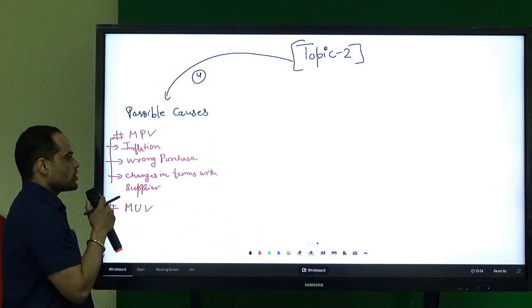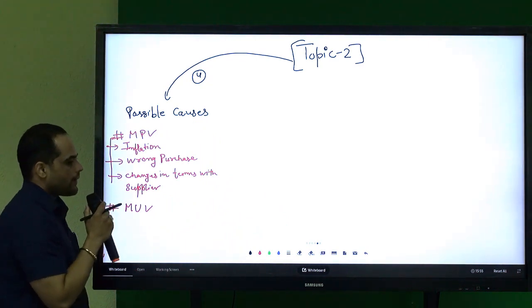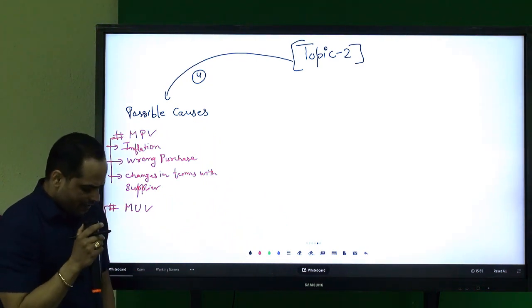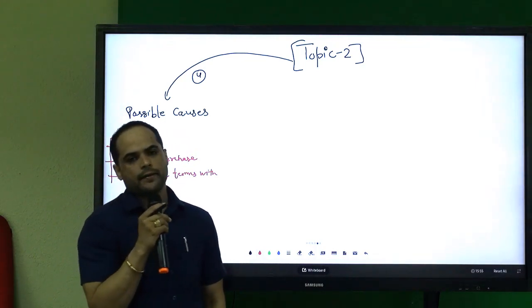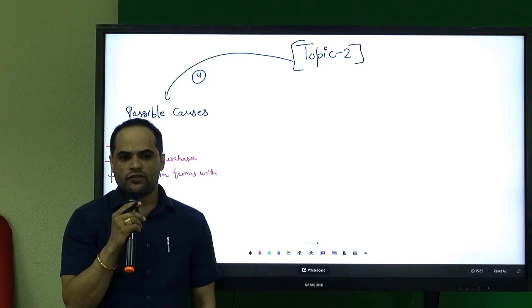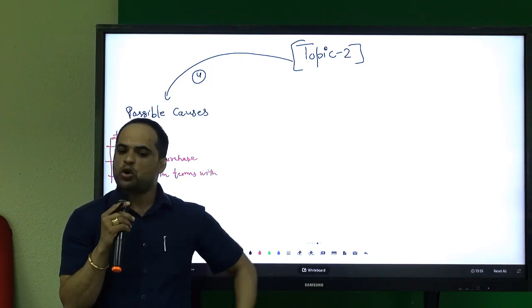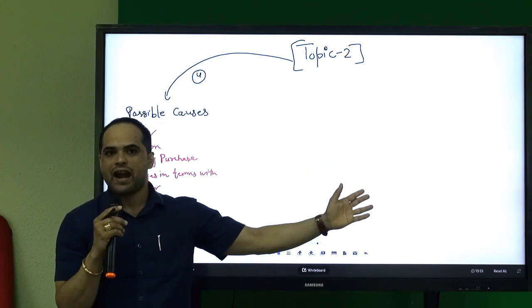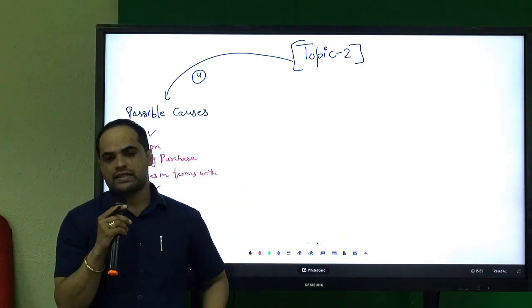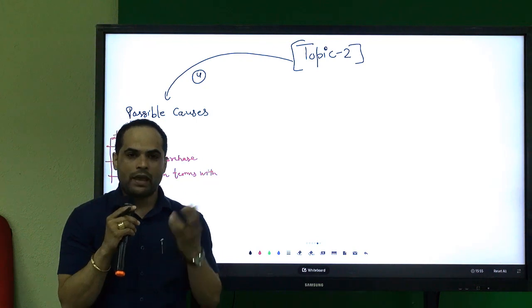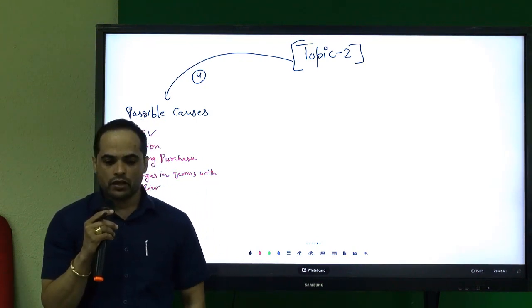The third one is changes in the terms with the supplier. If any kind of contract that we sign with the supplier has new clauses or conditions that the supplier wants to add, that may affect the company's pricing and payments to the supplier.